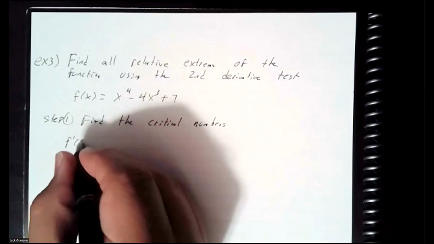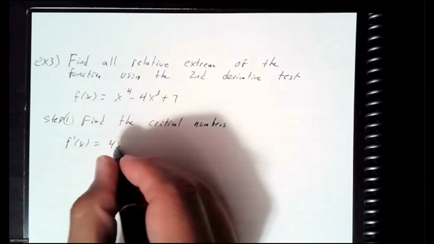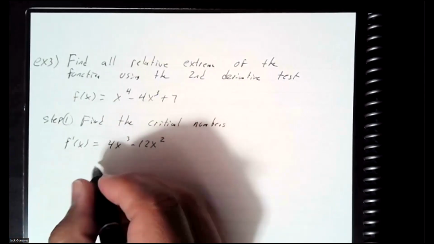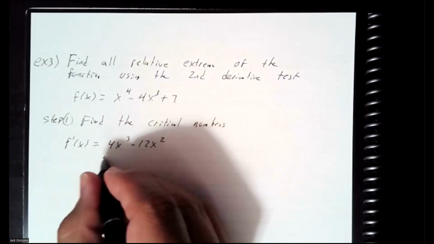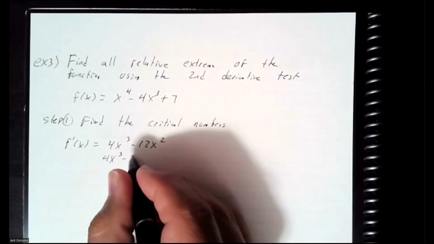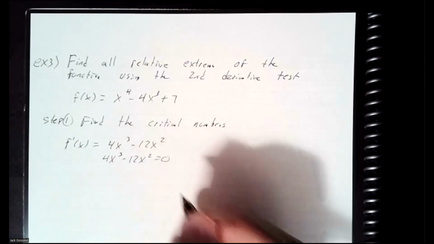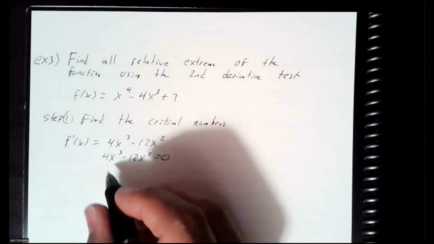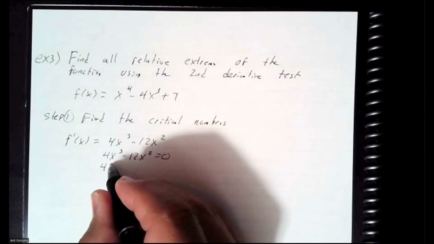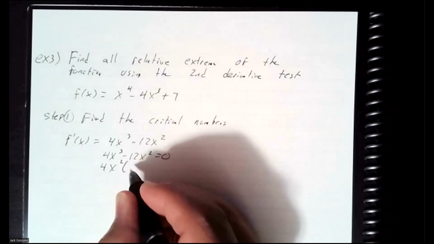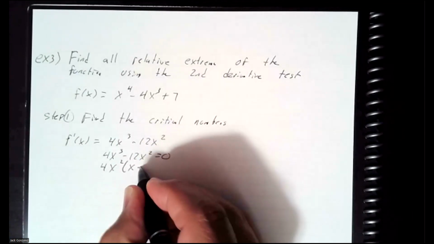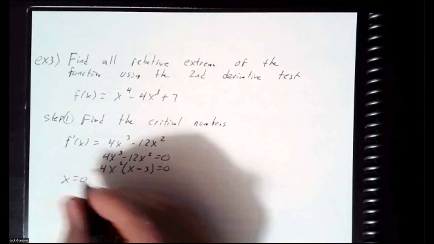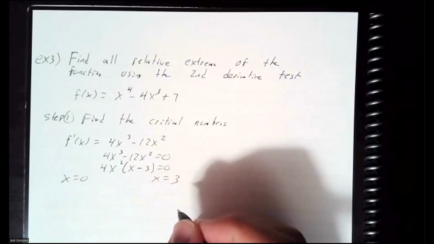So I'm gonna have to find the derivative, set it to 0, solve for x, which would be best to do a GCF, right? Yes. It would be x minus 3. So x is 0, x is 3.